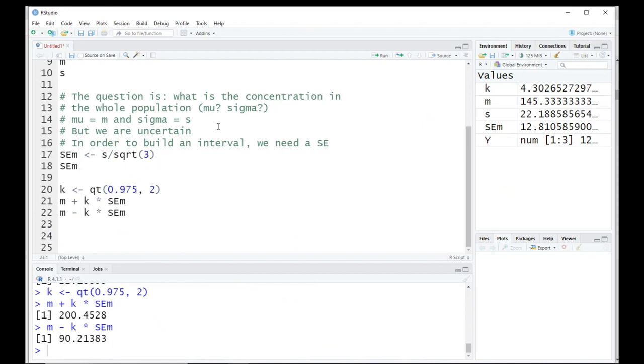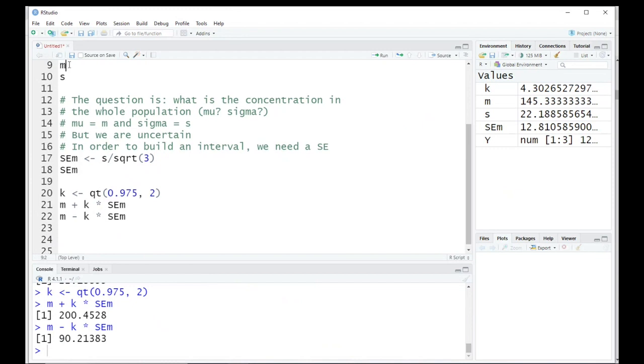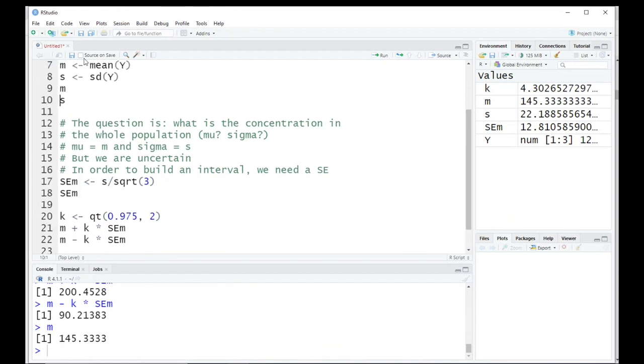So, we don't know about the real population mean, the real concentration, the concentration for the whole sample. For the whole population, we took a small sample, we measured the concentration. That concentration was equal to 145.